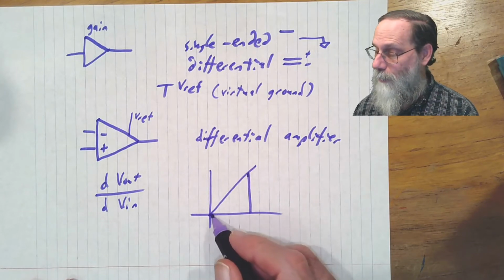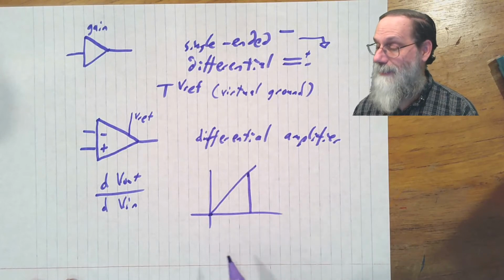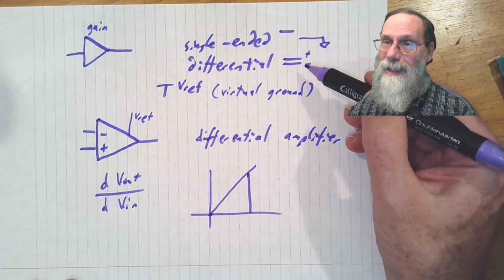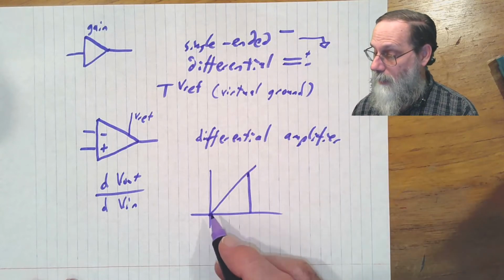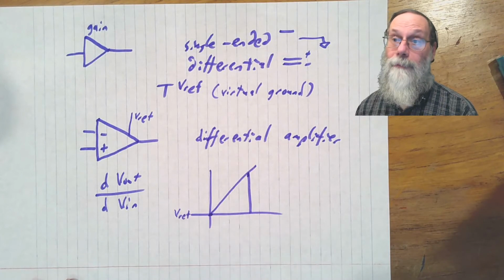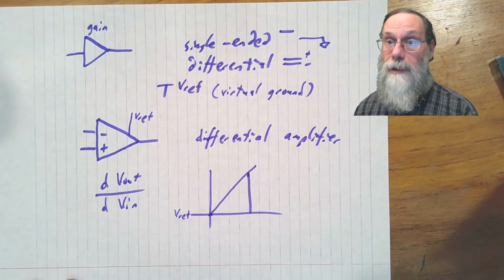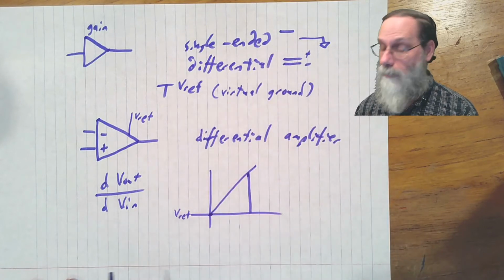Now here I've drawn it as going through 0, 0, and that's dependent on exactly what we mean here by 0. So this would be, on the output, this would be Vout equal to Vref. That's when the signal is 0, because that's what we mean when we say it's with respect to Vref.